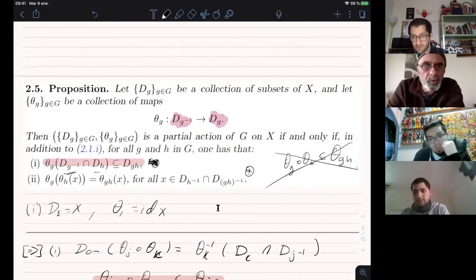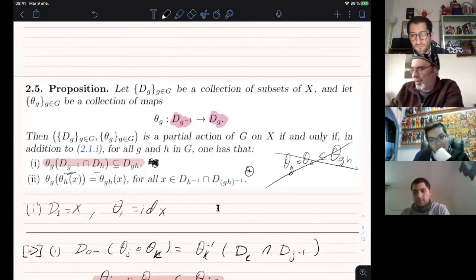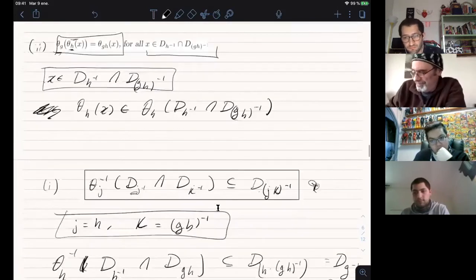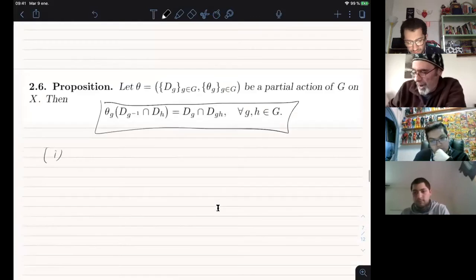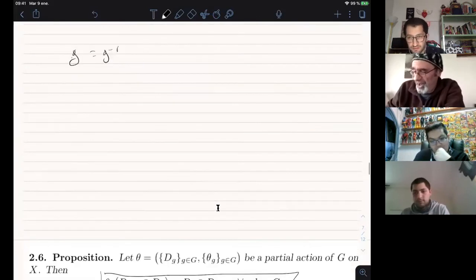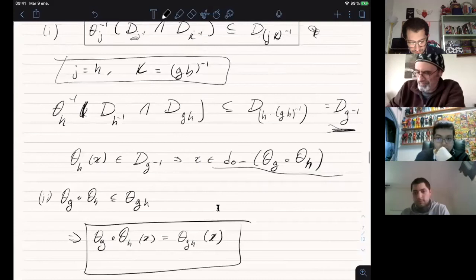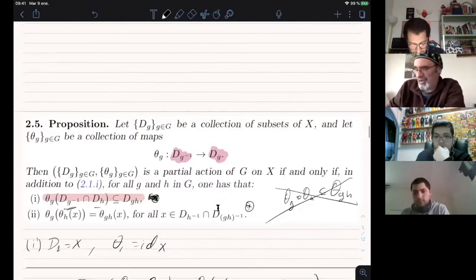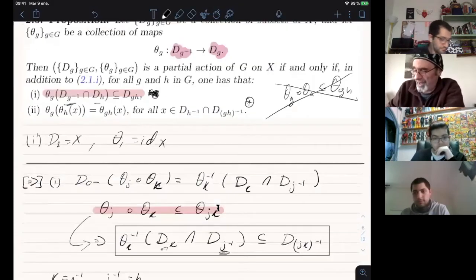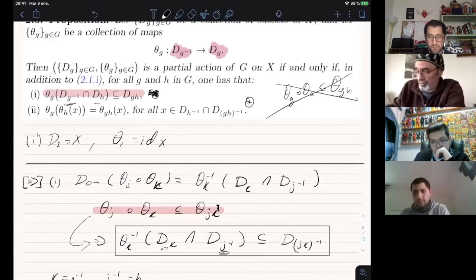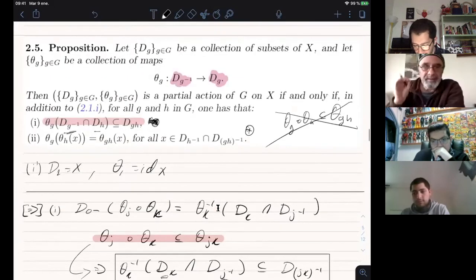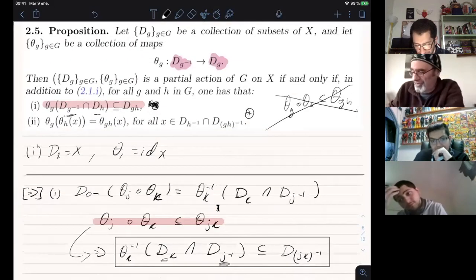Sorry, I interrupt you, Diego. Nobody would remember the points 1 and 2 in this last proposition, but after working with them a couple of times, they could be memorized. And on the other hand, although they are not very simple, you can look in the book or note it on your piece of paper, and it is exactly what you have to check. The initial definition was slightly nicer.